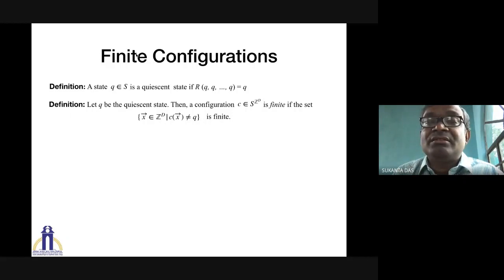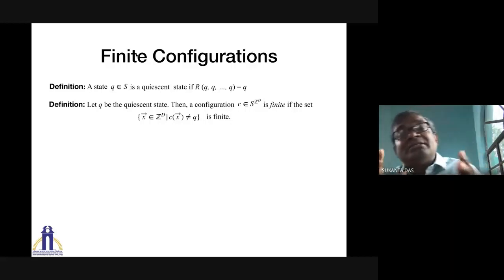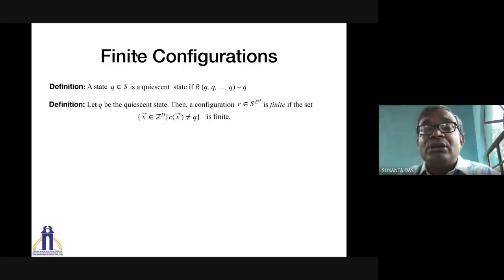In simple words, a configuration is finite if all but a finite number of cells are in the quiescent state. So only a finite number of cells can be in non-quiescent state. If it is so, then that configuration is called a finite configuration.